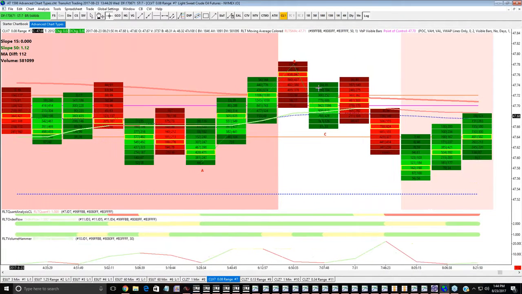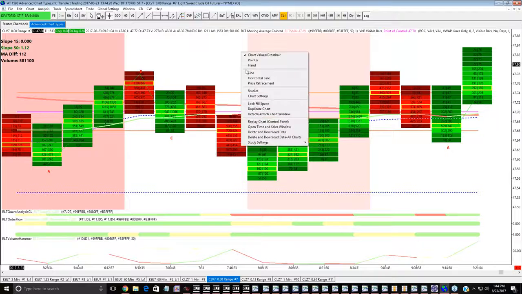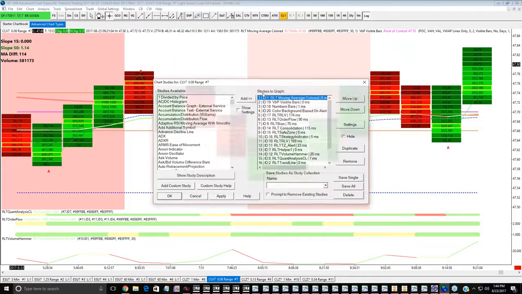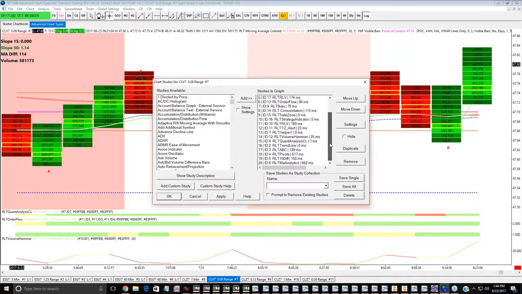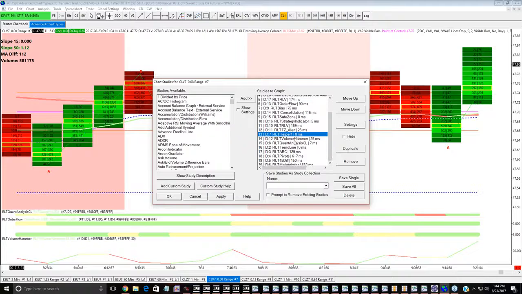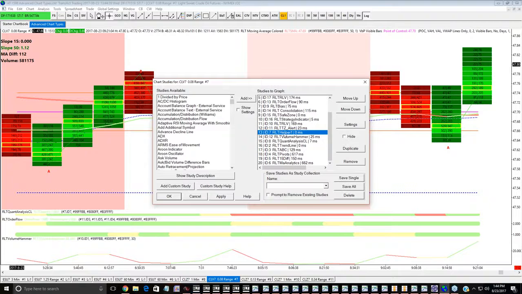Let me see if there's anything else that I've gleaned, and I've spent an awful lot of time on this, I have to tell you. We had to put in a lot of helper indicators, and what the helpers do is allow you to analyze higher time frames. We don't need these helpers in Ninja.